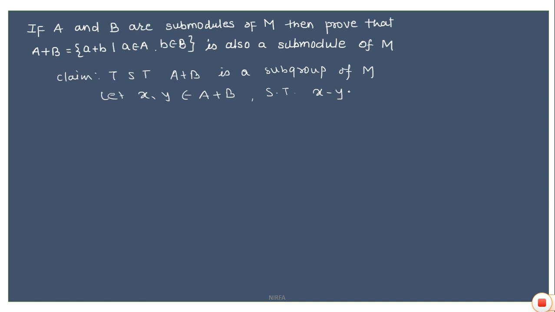Therefore, I am considering x minus y. If we show x minus y also belongs to A plus B, then it will become a subgroup of M. So now, how do we show that x minus y is a member of A plus B?